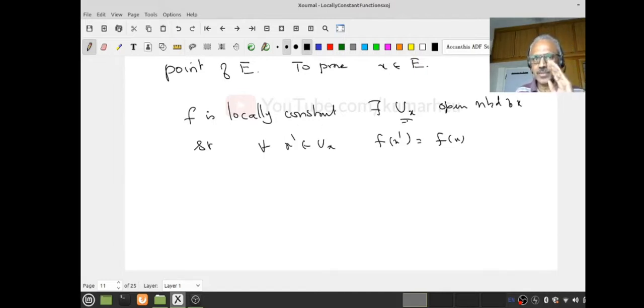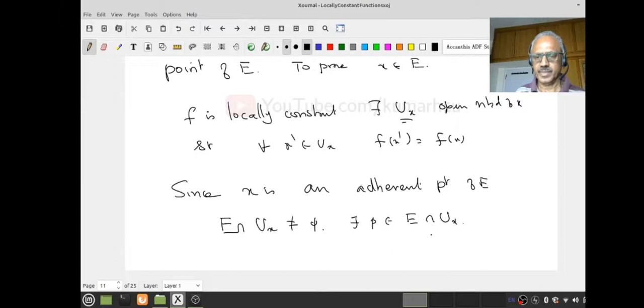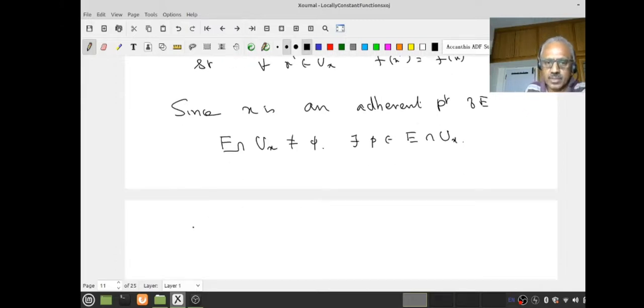x is an adherent point of E. Since x is an adherent point of E, E intersection Ux is not empty, right? Therefore, there is a p which is in E as well as in Ux. Now, since p belongs to Ux, I know f(p) must be equal to f(x).